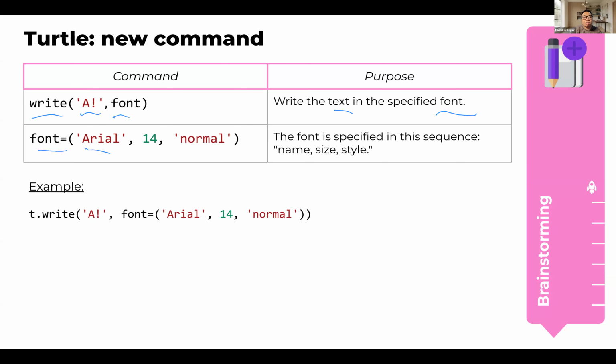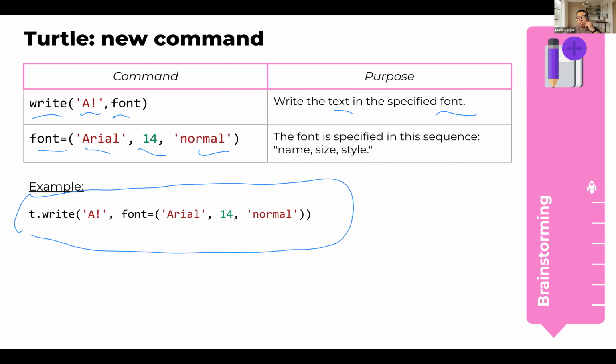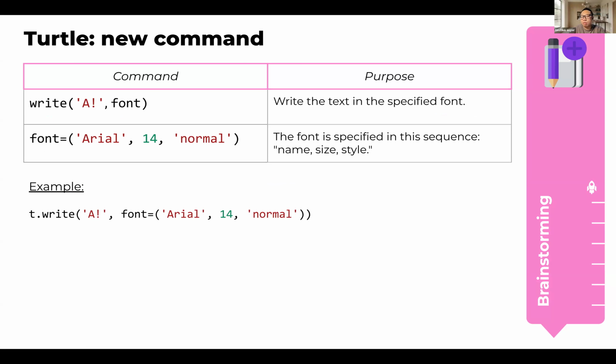You can mention the size, and you can mention also whether it is going to be italic, bold, or normal. For example, on how to use it, it's going to look like this. Do you get it? Yes.